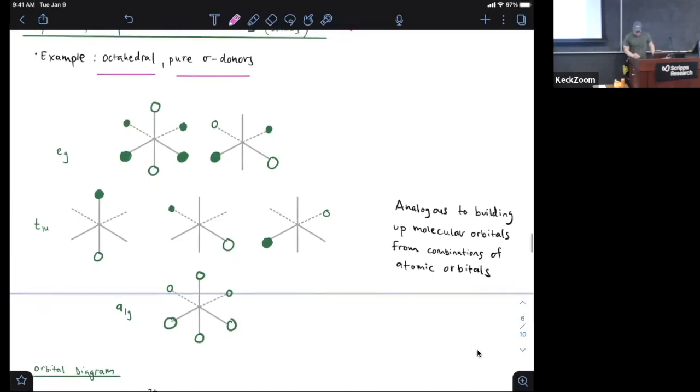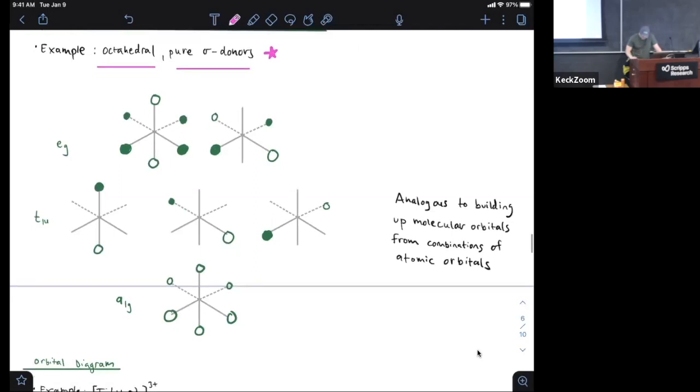And so again, if we consider these pure sigma donors as the representative case study, then you can combine an octahedral ligand set of 6 sigma donor ligands to SALCs that have 3 types of symmetry that are described by A1G, T1U, and EG.